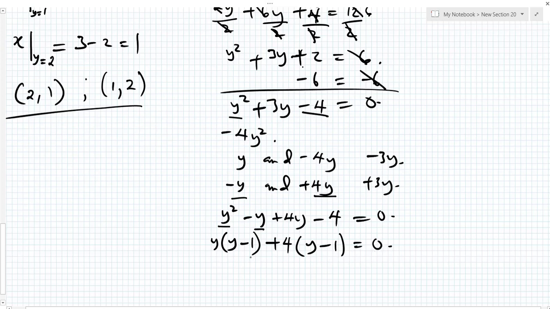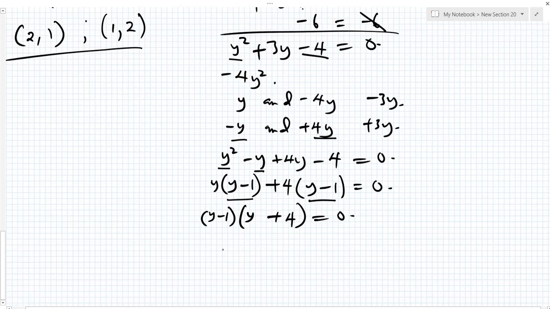Now this is a common factor here. If you remove this common factor, y minus 1, the first term gives you y and the second term gives you plus 4.